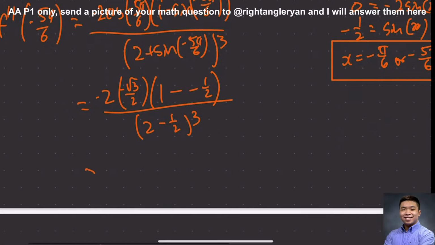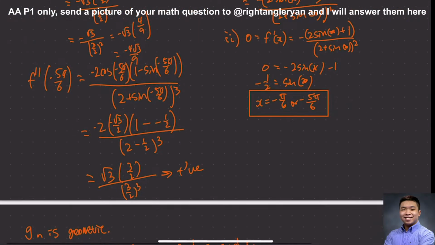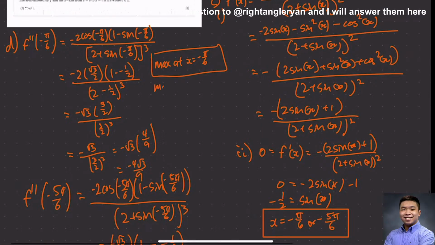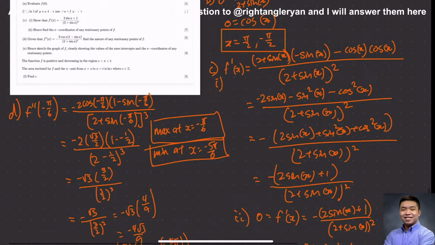So this will be positive root 3, times 3 over 2, over 3 over 2 cubed. So this is positive, right? If it's positive, that means min at x equals negative 5 pi over 6. Okay, so I classified both of them.